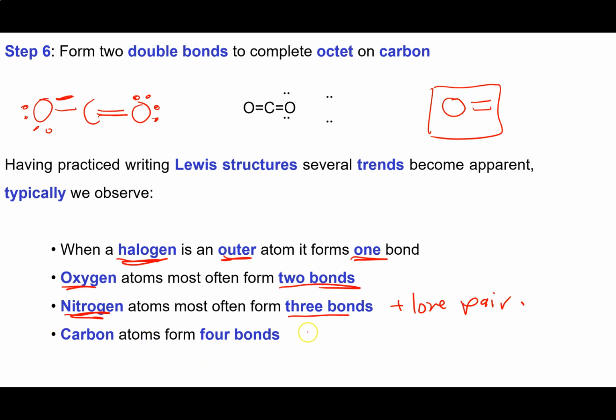Carbon almost always forms 4 bonds and has 0 lone pairs. Now that's what we most commonly see, but it's not always the case. When you're not seeing these patterns, that's okay, but just make sure to double check your work closely.